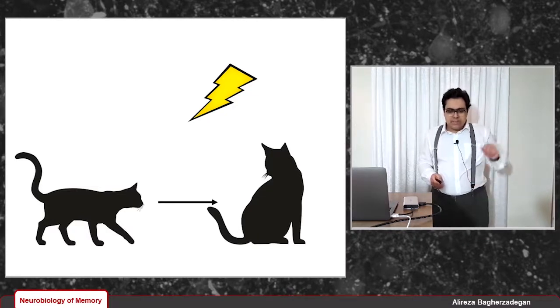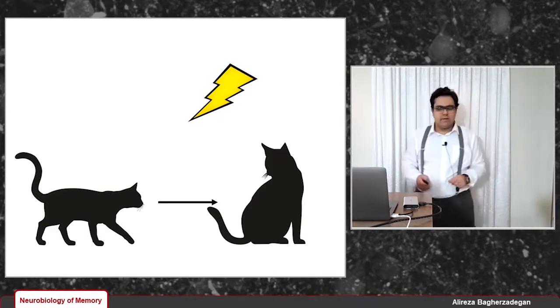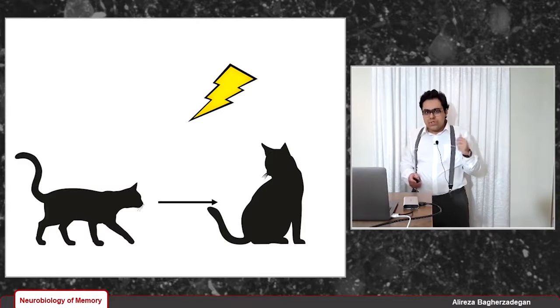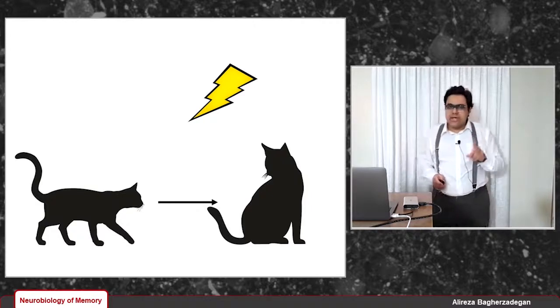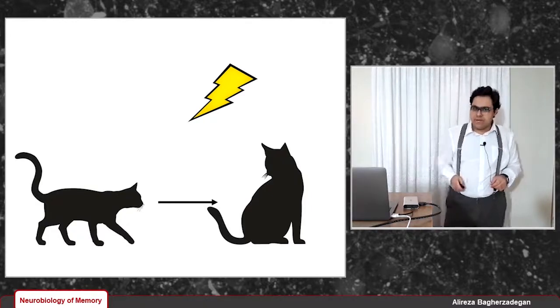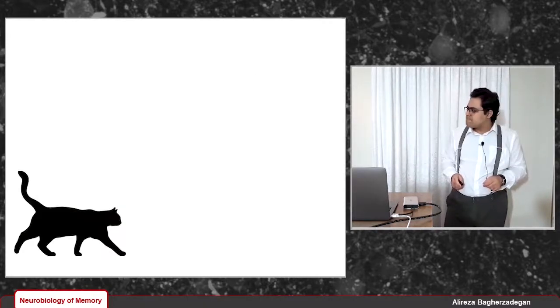But when it gets shocked, the cat turns away, doesn't like it. So the next time we introduce the same electric shock, the cat says, oh, I remember that. That was a shock. Don't go near it. So the cat doesn't hesitate and goes away from that.